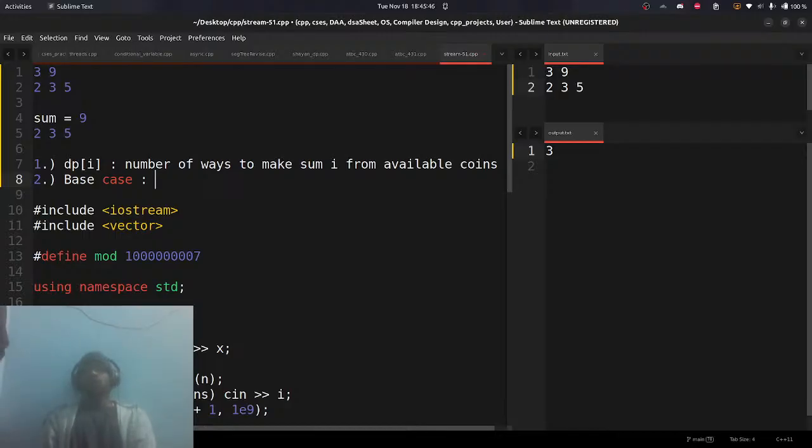If we don't have any coins, then there is no way to make the sum, right? But if the sum is equal to 0, then we have 1. So dp of 0 will be 1.